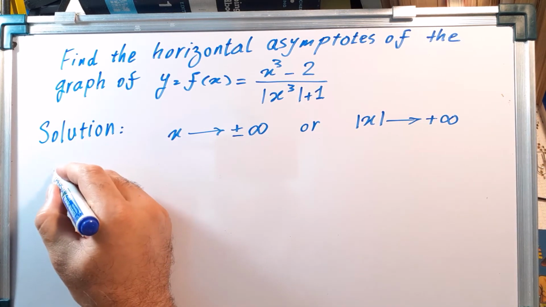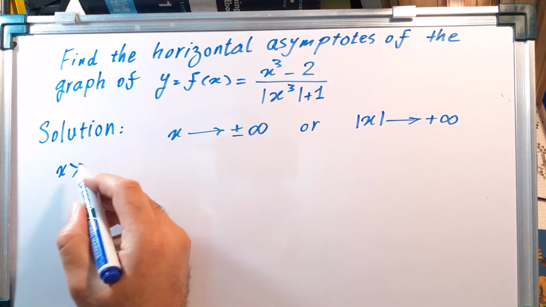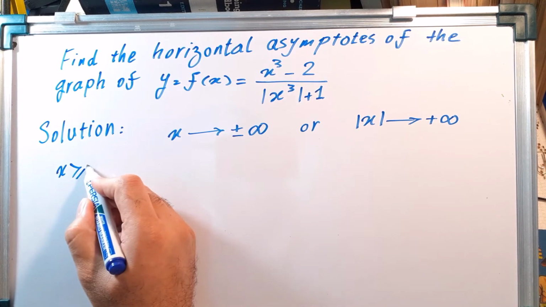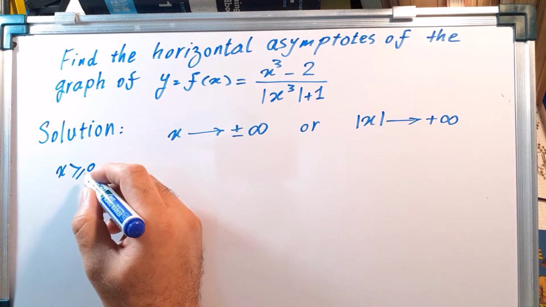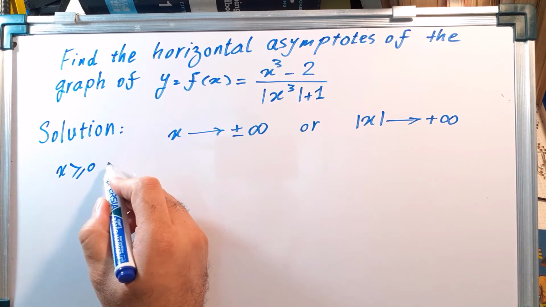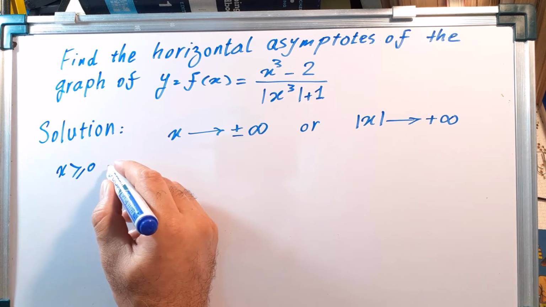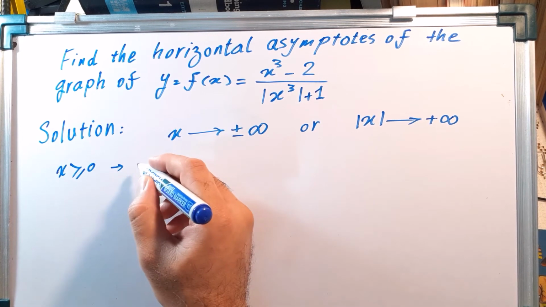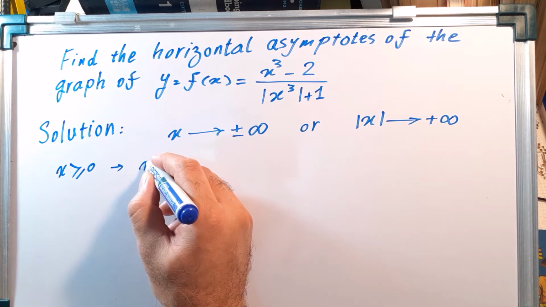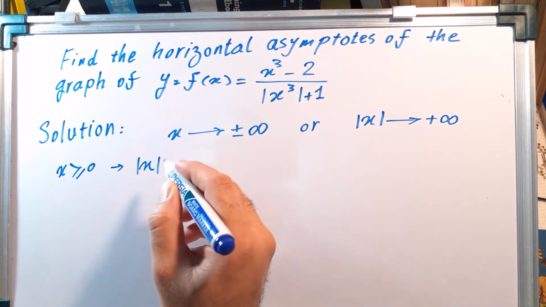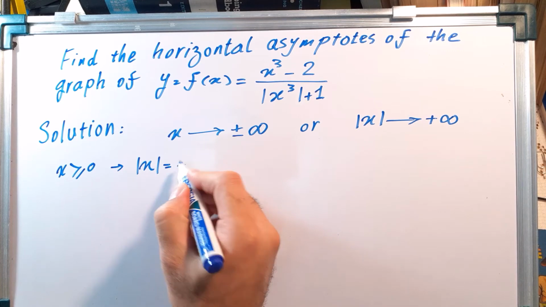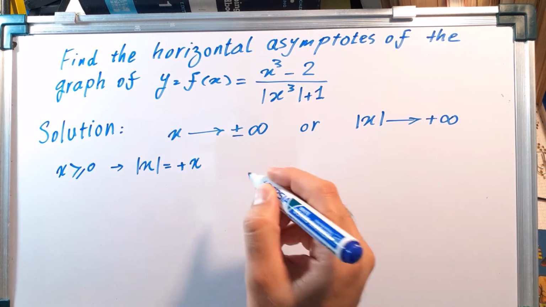At first, when x is greater than or equal to 0, in this case, as a result, the absolute value of x equals positive x.